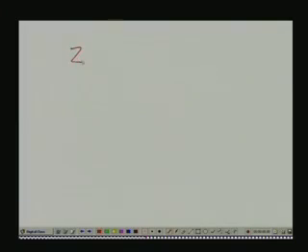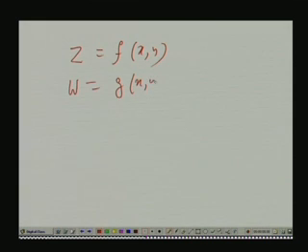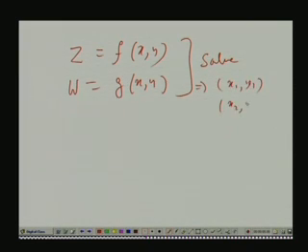Here, suppose capital Z is given and capital W is given, you solve them, you get solutions like x1 y1, x2 y2, dot dot dot, xn yn, dot dot dot.